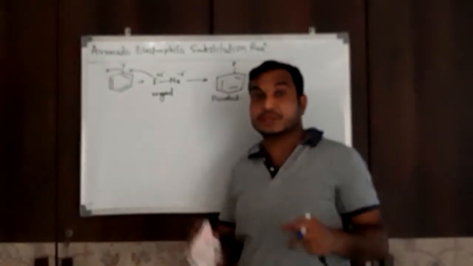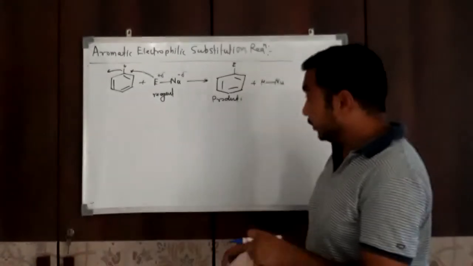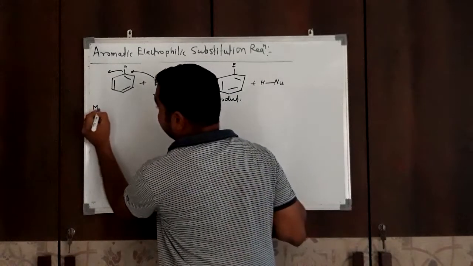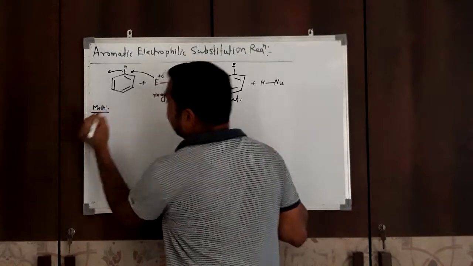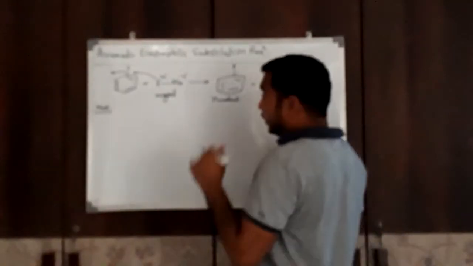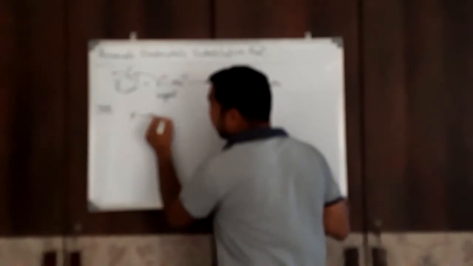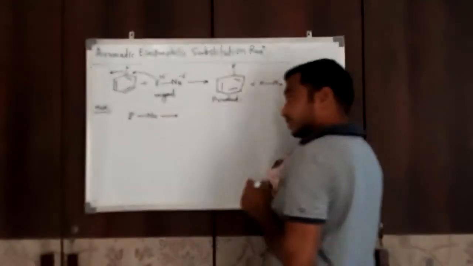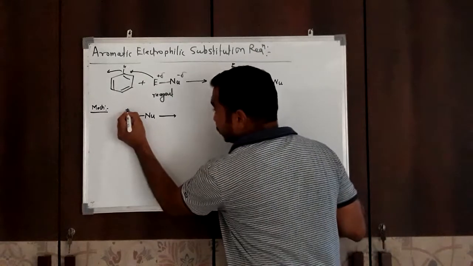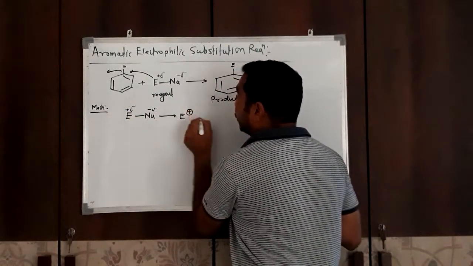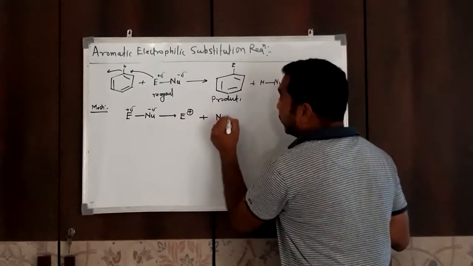Now we have to discuss how many steps are involved in this reaction. See the mechanism, that is called the mechanism of this reaction. Initially, the reagent molecule, that is E and Nu, gets ionized. This is the positive part, this is the negative part, and it forms the positive ion E plus and Nu minus.